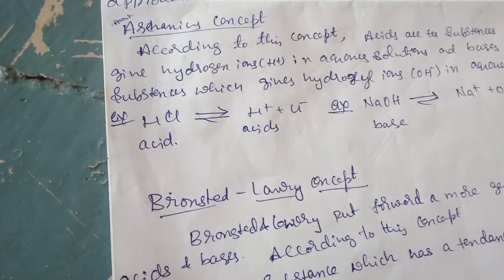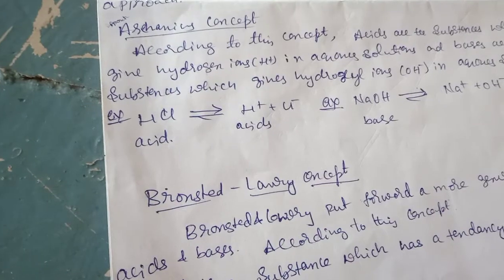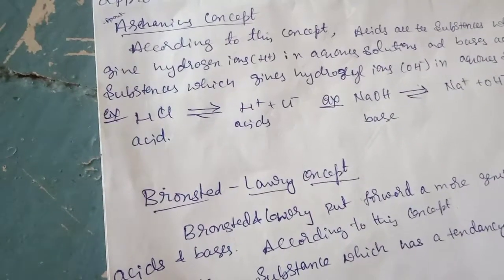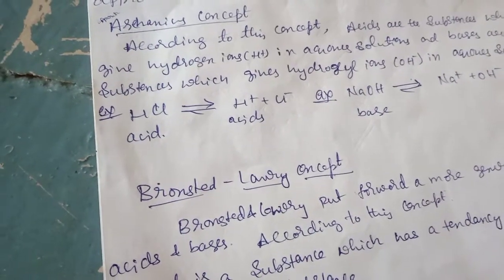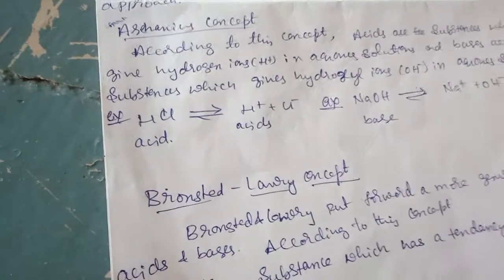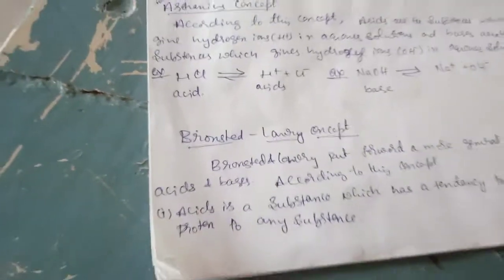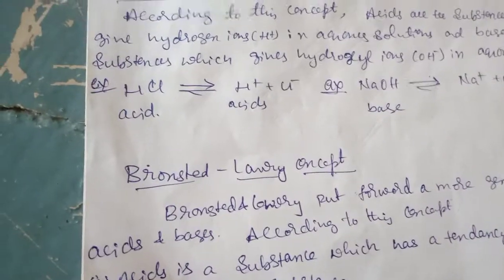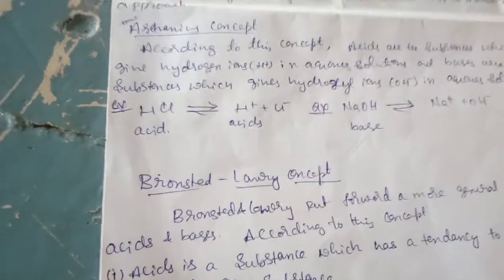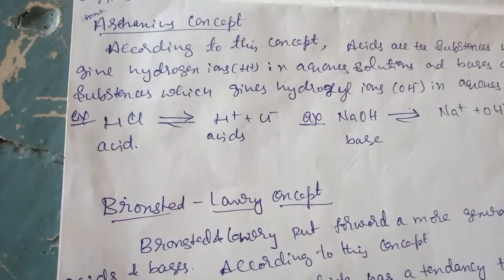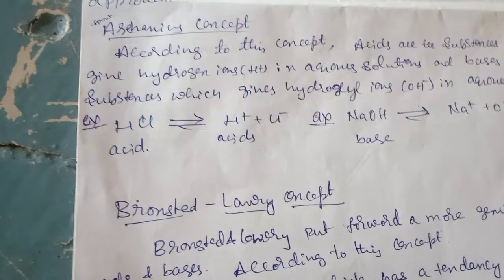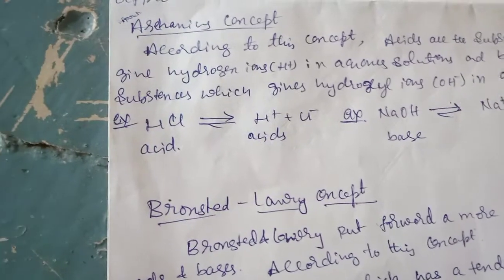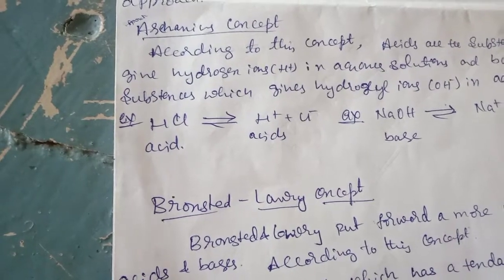Every scientist did their own work, and the many definitions they gave are correct according to their work. After knowing this introduction about acids and bases and the several definitions, we should move on to the modern definitions for acids and bases, starting with the Arrhenius concept.